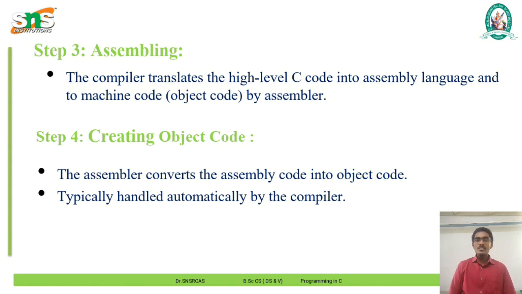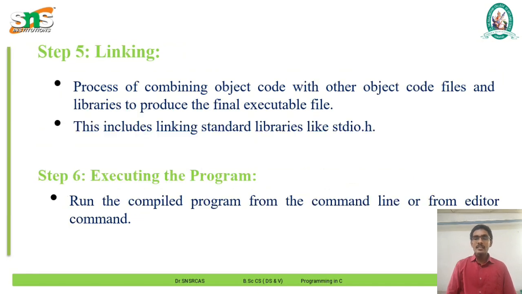The next step is creating object code. The assembler converts the assembly code into object code, which is stored in a file with a .o extension. This is typically handled automatically by the C compiler. Step 5 will be linking.